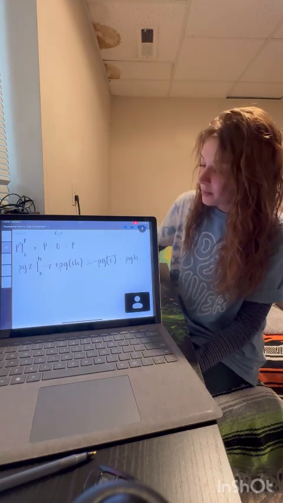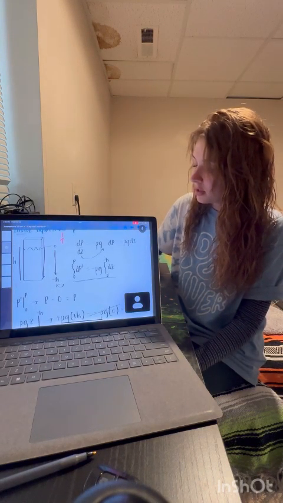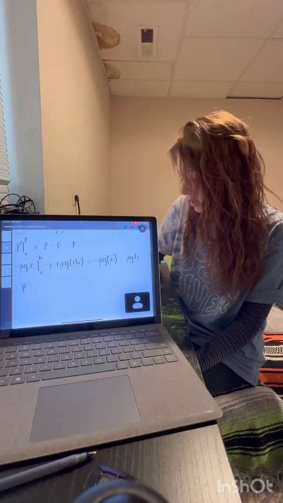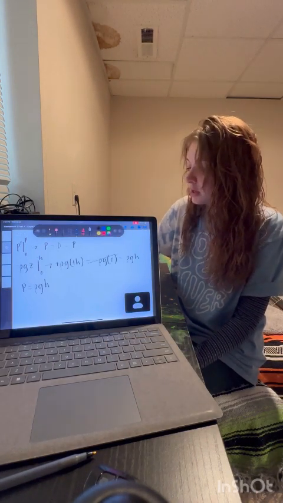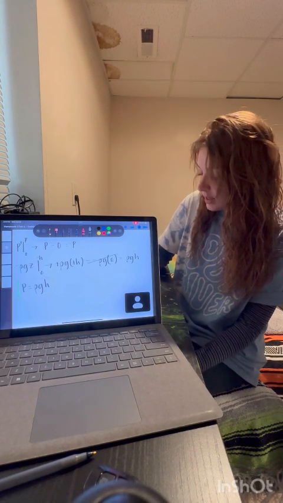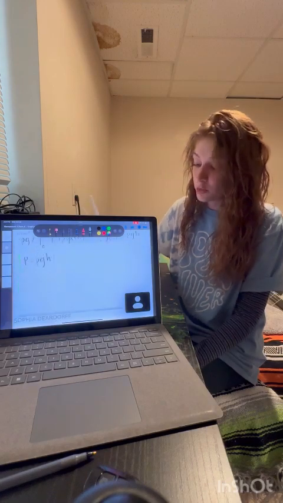And then when you combine them back into this form here, we know that p equals positive rho gh. Again, box this in as the final answer, and that is our hydrostatic pressure expression.